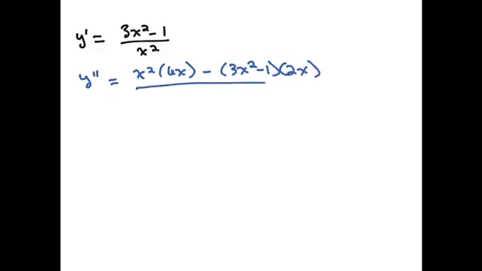And so I will get low, d high is 6x, minus high, d low is 2x, over low squared is x to the 4th. So I get 6x cubed.